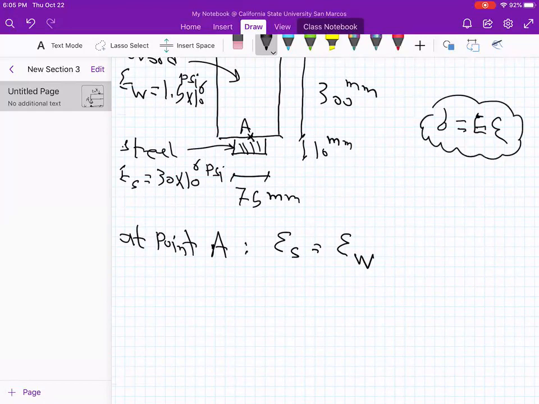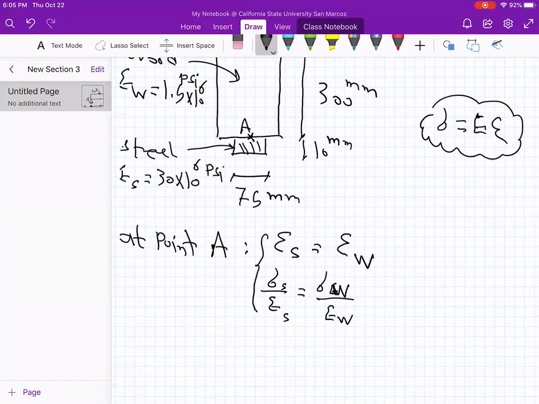So the strain would be sigma over E. Sigma steel divided by E steel equals sigma wood divided by E wood. So this is one thing. Let's just leave this one, because we want to use it later.